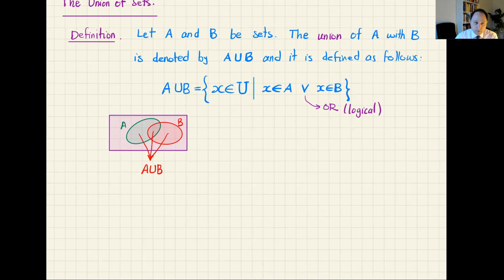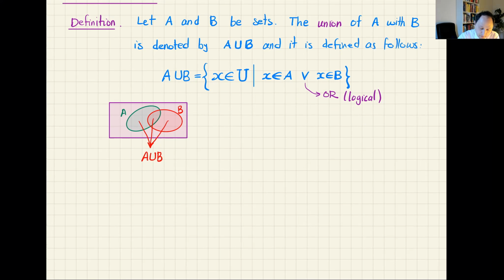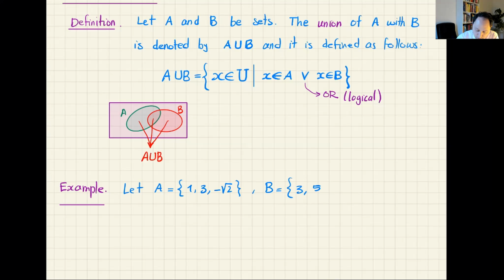Yes? Is that understandable? Let me give you a numerical example that's easier. Example. Let A be equal to 2, 3, minus the square root of 2, and B equals 3 and 5 over 2, and for example, C is equal to 4, 5, and 6.